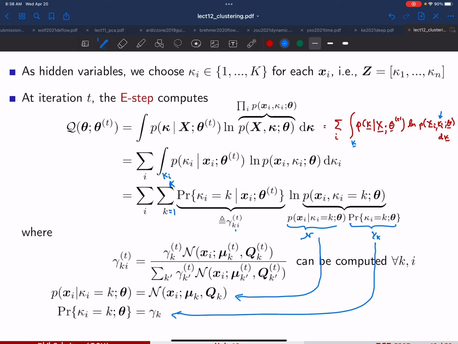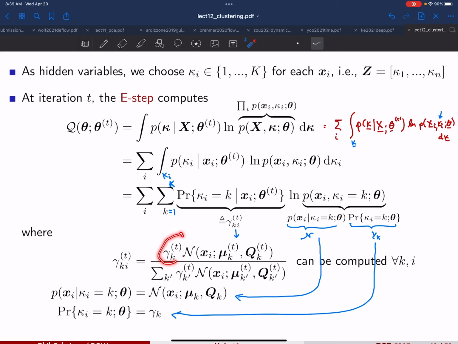And finally, how do we compute this thing? Well, we actually saw this before, a few pages back. It's this ratio like this. Essentially, we used Bayes' rule to reverse the ordering of the conditioning, and we got this. So these are the gamma k's from the previous iteration.